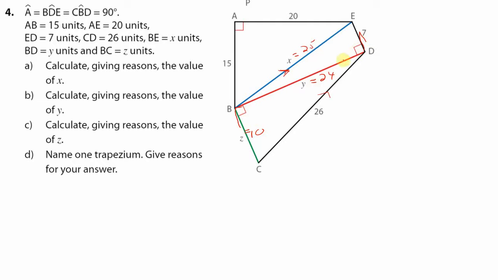Because remember, what is a Z shape? A Z shape is when you have a transversal cutting through the parallel lines. So we have a transversal, the red line. The angles are the same on opposite sides of the transversal and inside the other two lines.